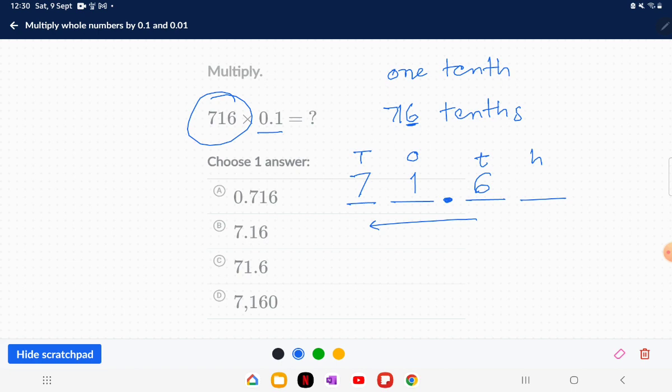71.6. Let's just imagine that we had some other number. So I'll just remove these, and we had, let's say, 416 tenths. So what would that be in decimal form? Again, we start at the last digit, 6 tenths. So 416 tenths, this is 6 tenths, this is 10 tenths, and this is 400 tenths.